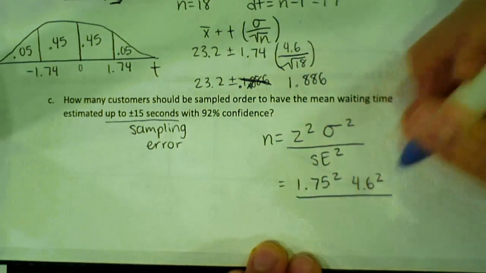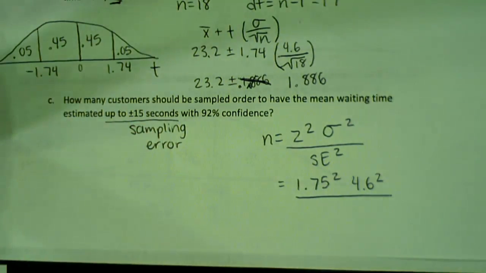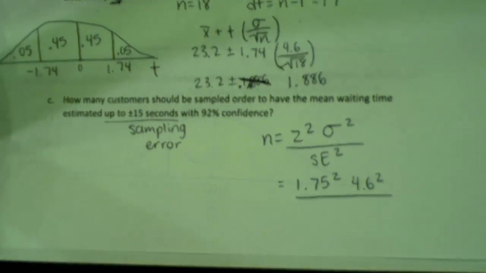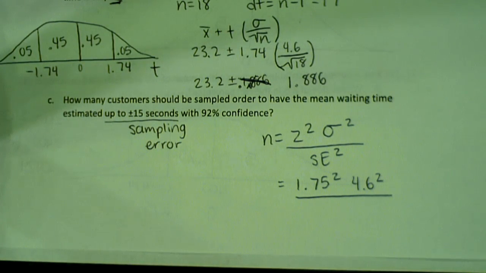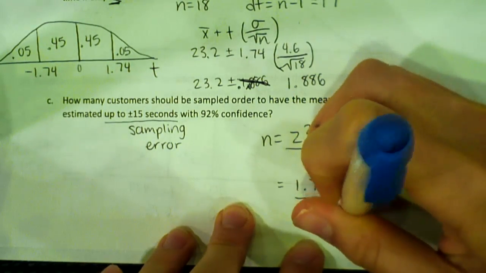And we said before, our sampling error is 15 seconds, but was our mean in seconds or was it in minutes? It was in minutes. So we have to convert those seconds into minutes. So 15 seconds is what fraction of a minute? Yeah, 1/4.